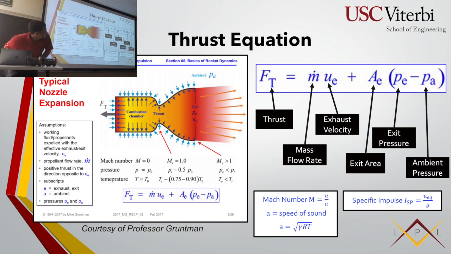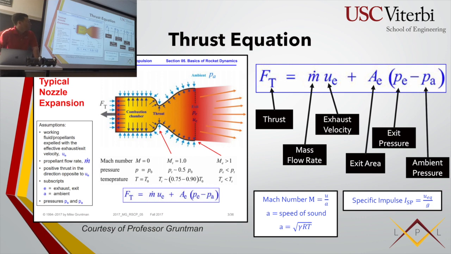What were you saying? Oh, so you're saying you want that to be higher? The reason that is not true is that it makes UE lower, isn't it? What variables does your exhaust velocity depend on now? We'll go into that in later slides, but it has to do with your PE equals PA.